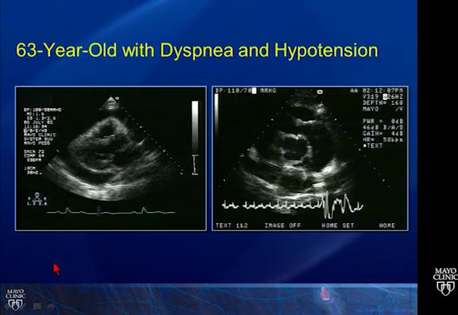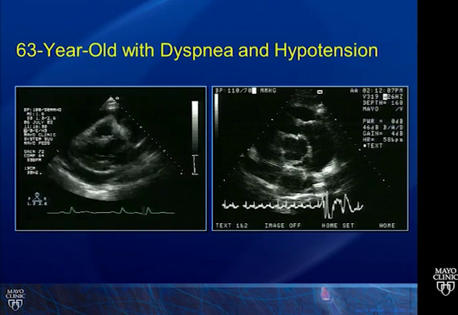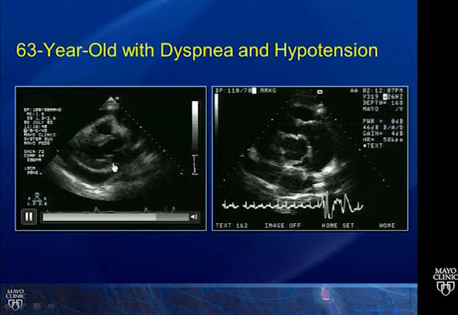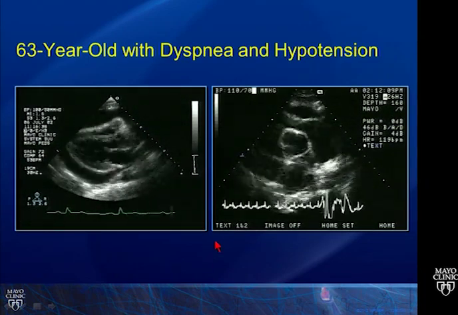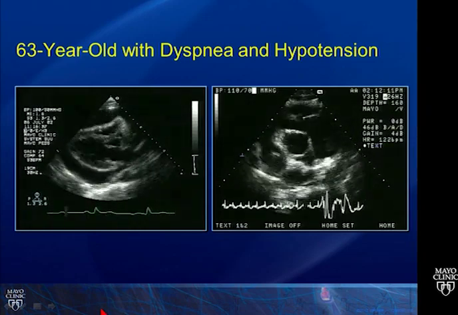Case 14 is a 63-year-old with dyspnea and hypotension. And we see this long axis view from a parasternal long axis and a parasternal short axis view.